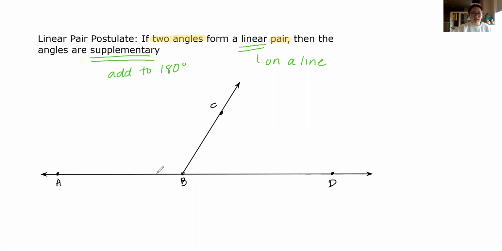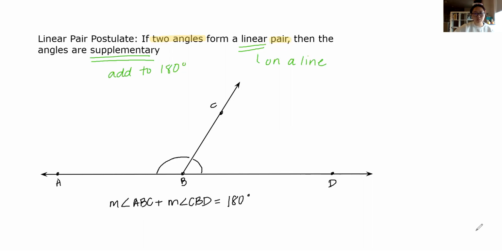I have angle ABC, and I have angle CBD. And if I were to take the measure of angle ABC and add it to the measure of angle CBD, they should be supplementary because they are a linear pair. Therefore, the measures will add up to 180 degrees. That's all that the linear pair postulate is saying.